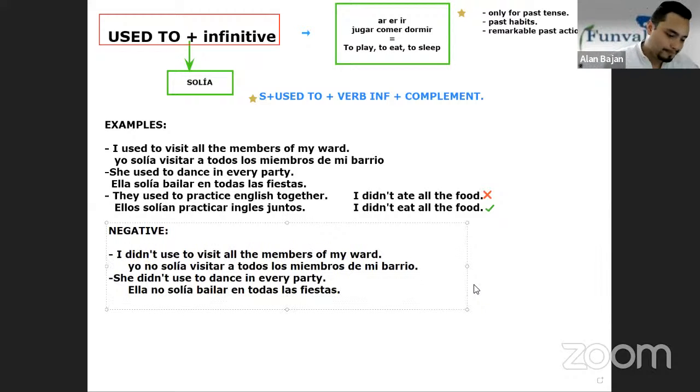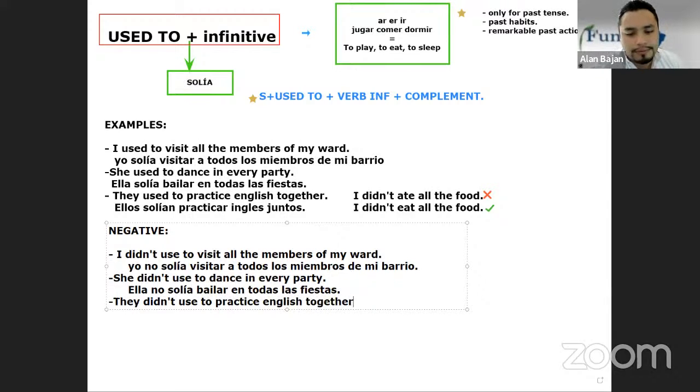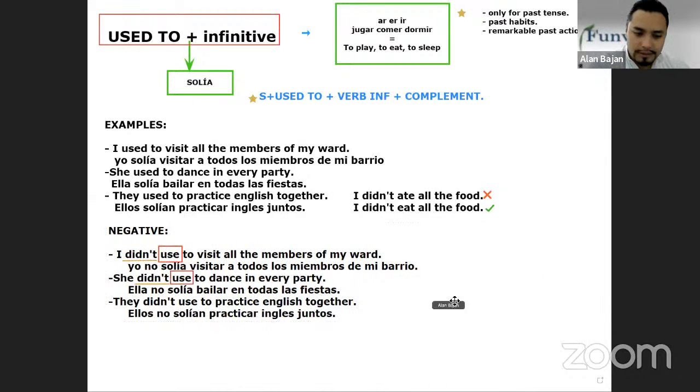One more. They didn't use to practice English together. And that's how it goes for the second one.